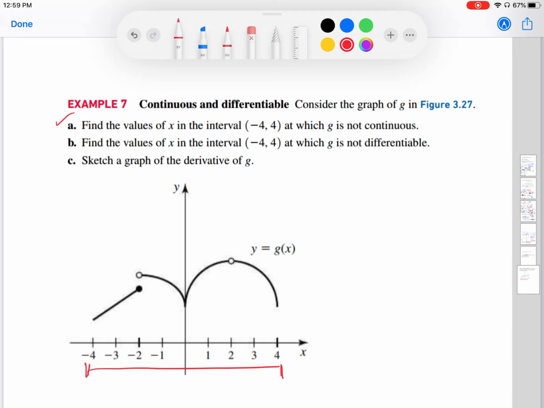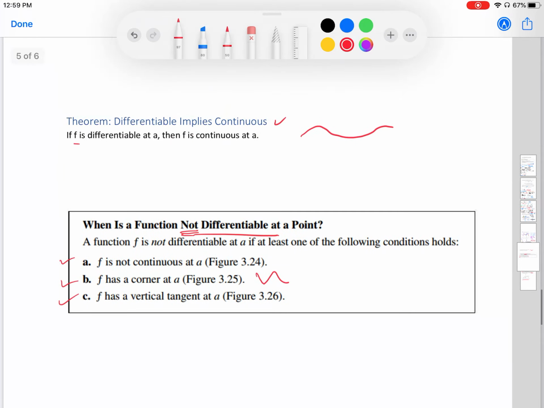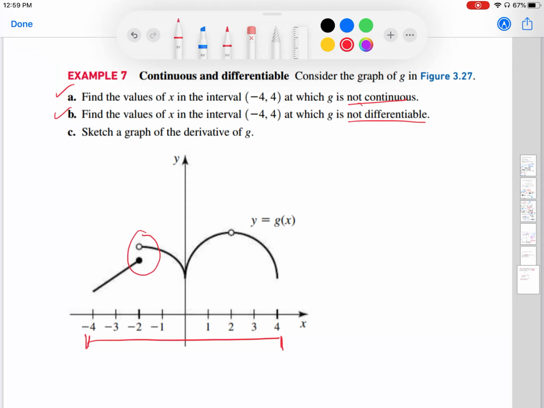Based on continuity, we have issues at these values here because there's a gap, and here because there's a cusp, a sharp point. For part B, find the values of x on the interval from -4 to 4 at which G is not differentiable. By our theorem above, not continuous means not differentiable, so it's not differentiable at these points.